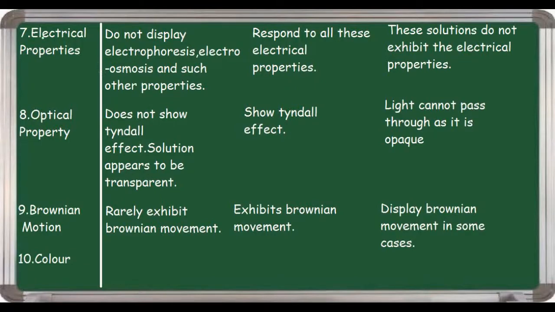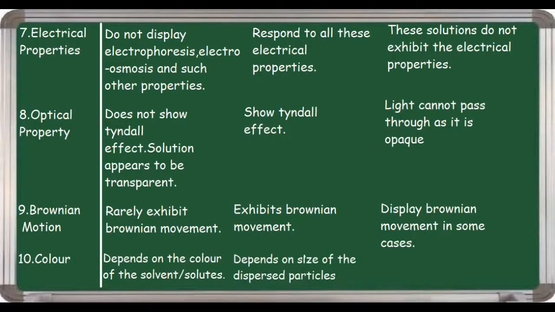For true solutions, the color depends on the solvent or the solutes. If the solvent is colorless, then the color of the solution will depend on the color of the solutes. For colloidal solutions, the color depends on the size of the dispersed particles, and for suspensions, the color usually depends on the dispersed particles.